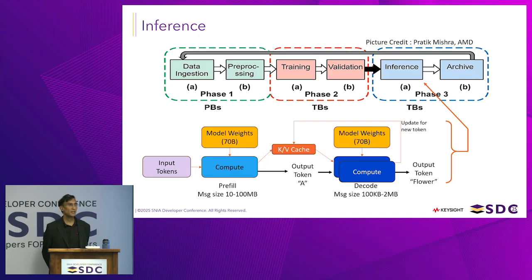Last week at AI Infra Summit, the prefill stage versus decode stage GPUs are different, and they're being designed separately. So there again, the message sizes and the implications for the network matter. How do you move the KV cache, like in the previous presentation? So that's going to change the patterns.